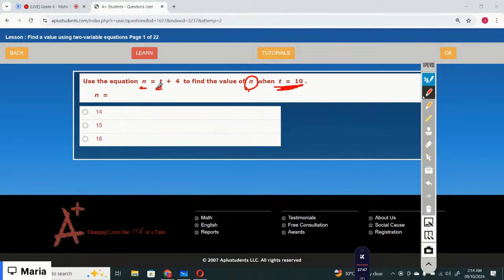So replace the variable t with a value in n equals t plus 4, right? You can add, so 10 plus 4 is 14. So that means n equals 14.